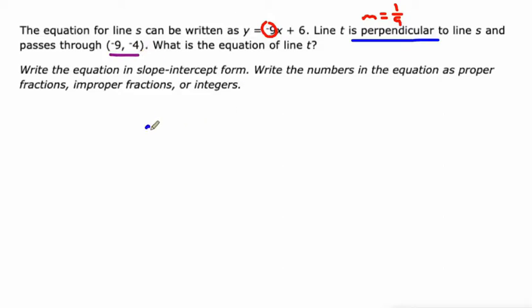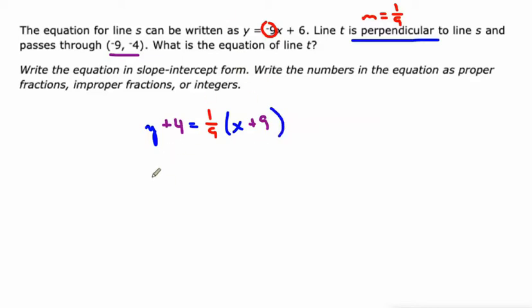So here we go. We just go y minus the negative 4, which is like plus 4, equals our slope, 1/9, times x minus the negative 9, which would be plus 9. And there's our equation of line t in point slope form.